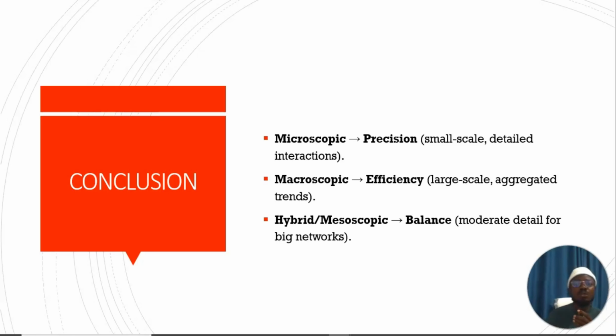Then macroscopic has to do with efficiency on a large scale, looking at the aggregate traffic flow, the aggregate data, and how it can be used for urban planning or decision making. And the last point is the hybrid or the mesoscopic, which is the balance between the micro and the macro, that is, moderate details for bigger networks. So that helps us to round up everything.